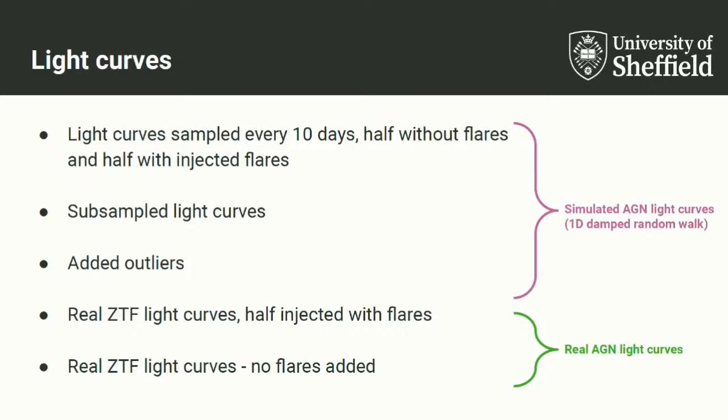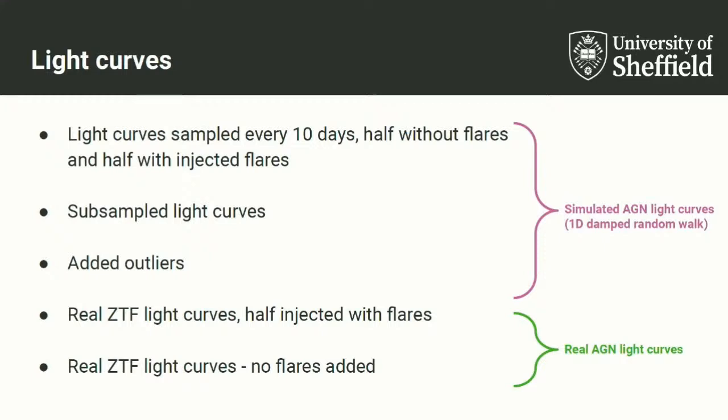But of course, in reality, AGN light curves are not uniformly sampled, so we used a 10-day cadence in those simulated light curves, and they contain outliers due to observational effects. And so I take these things into account too by gradually altering my data for it to become closer and closer to what real data would actually look like.